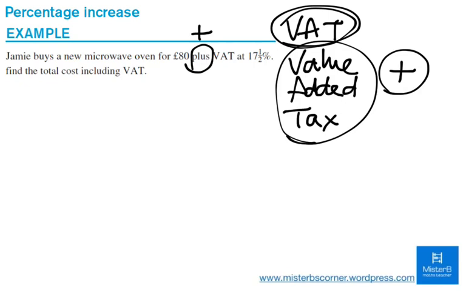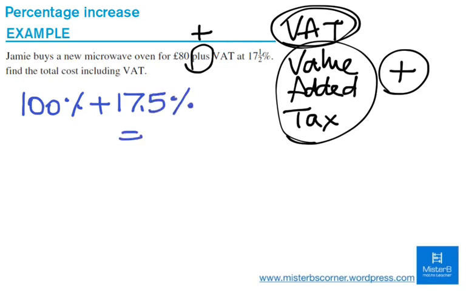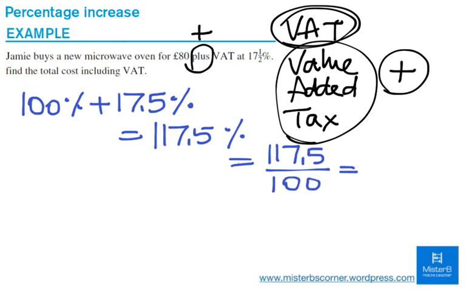Now, I have 100% for the value of the microwave, plus I have 17.5% as VAT. So this becomes 117.5%. I will write this as a fraction, 117.5 over 100, which, because I'm going to move the decimal point 2 digits, will give me 1.175 as my multiplier.